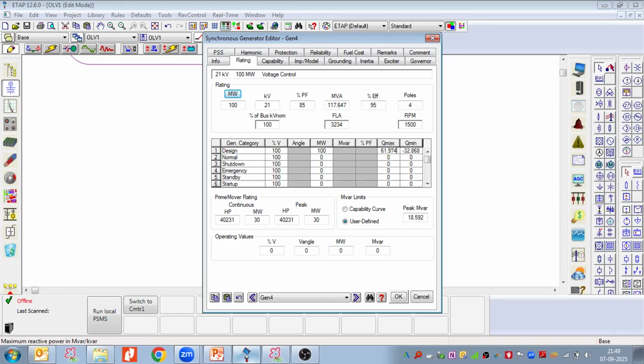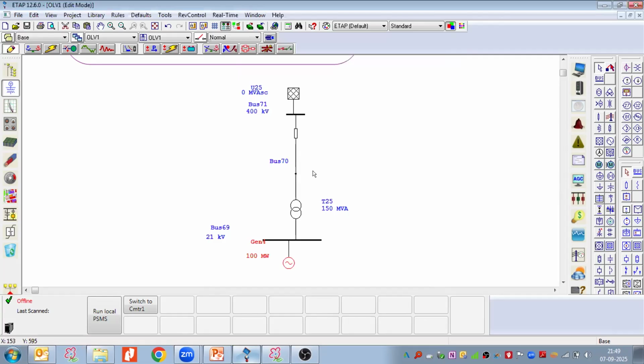In order to delete, I cannot delete it, so I have to put 0 over here, and then 0 over here as well. So let us see, if we do not define any Qmax and Qmin value in the generator model and we run a load flow, what would be the result? And then we will see why we need to define the Qmax and Qmin values.